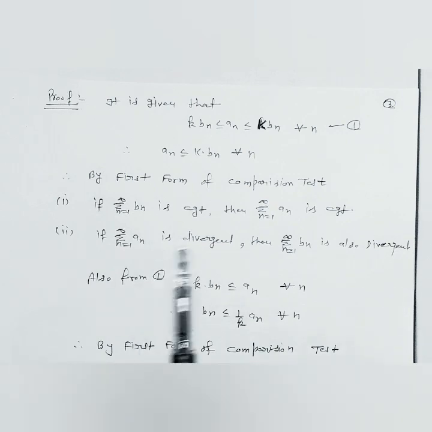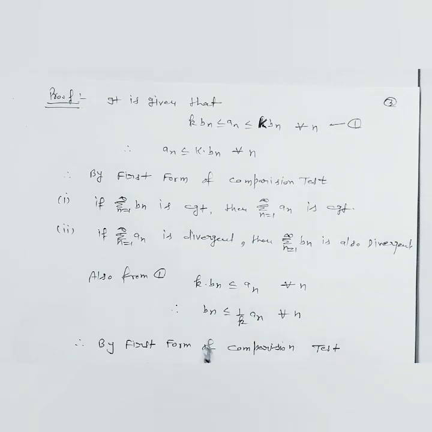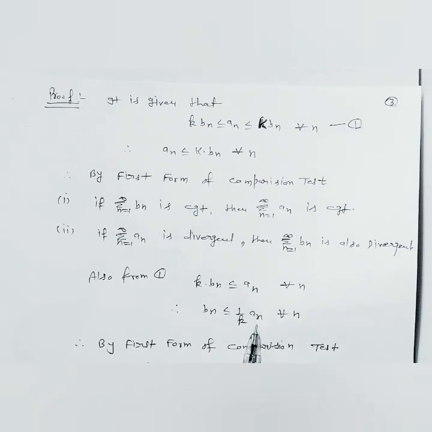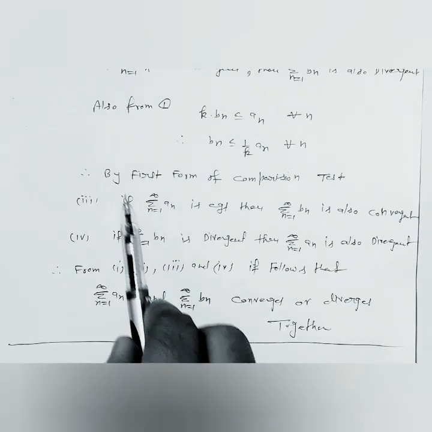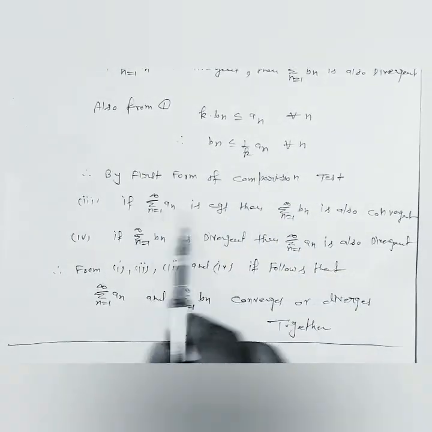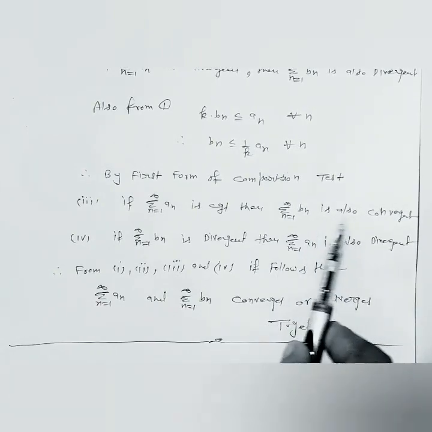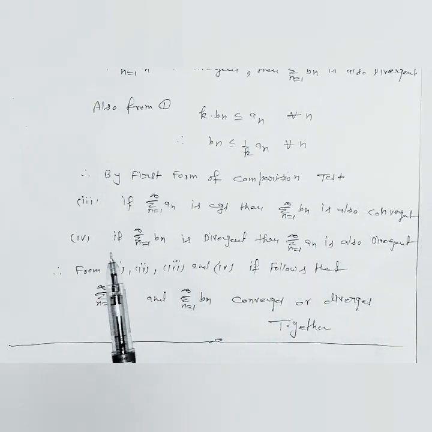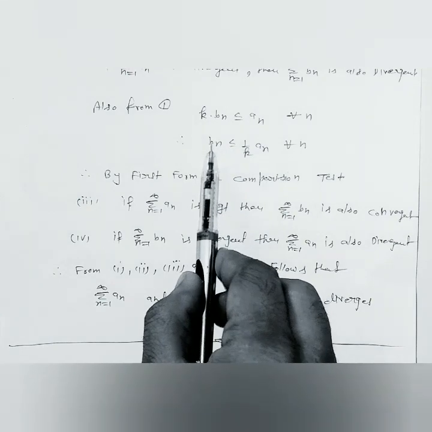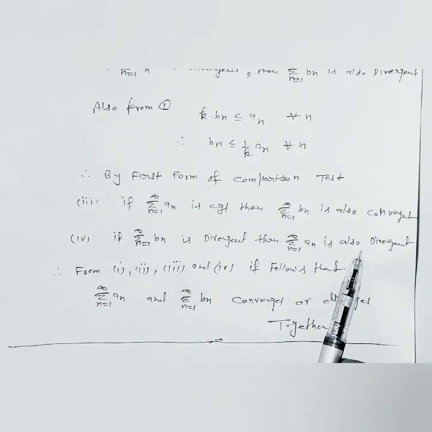Also from equation number 1, taking that part k times bn less than or equal to an, which can be written as bn is less than or equal to 1 by k times an. Therefore again by the first form of the comparison test, if series an is convergent, then series bn is also convergent. Also by the first comparison test, if series bn is divergent, then series an is also divergent.